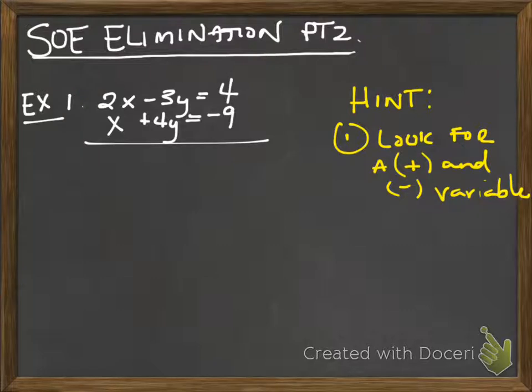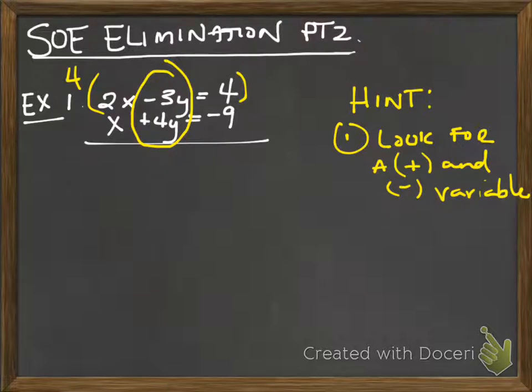In this case, you'll see right here, I have a negative y and a positive y. If I look for that, that allows me to only have to multiply by a positive number. So what I'm going to do is multiply them by each other. What I mean by that is this: I'm going to multiply this one up here by 4.